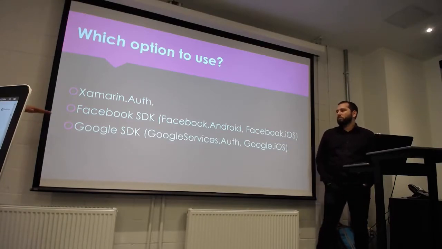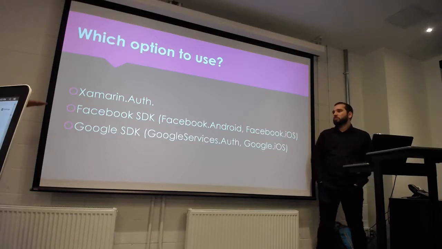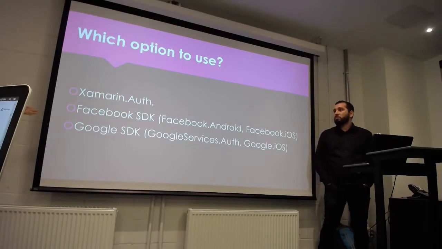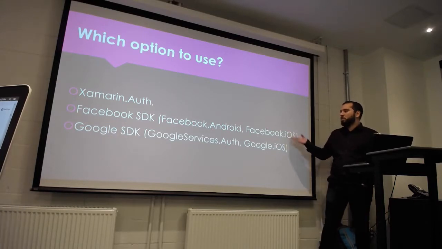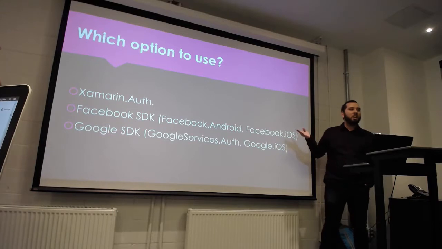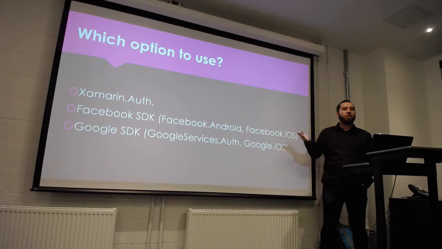And with Google SDK, Daniel implemented the SDK. We found a lot of trouble to do it. It's not straightforward. And in the end, we had to use the Google services for Android and the Google iOS SDK for iOS. Yeah, so basically, these two SDKs are the SDKs that Google and Facebook made available for Android and iOS developers, right?